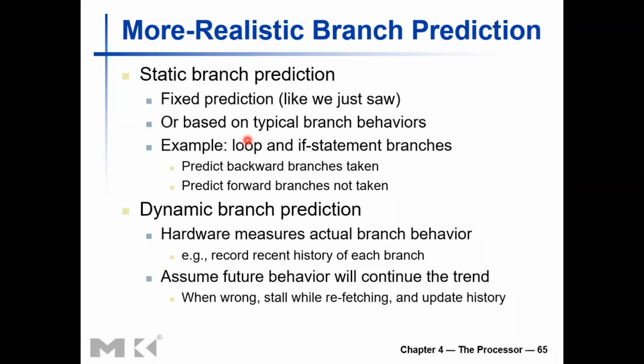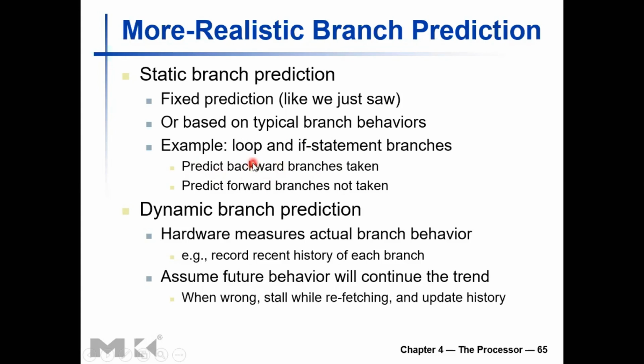Then in if conditions, depending on the way you write the if condition, whether the true case or false case is written first, you can say that we can predict forward branches not to be taken, right? So, okay, you can analyze programs and come up with common behaviors like that. In loops, you can find backward branches and you can assume that those backward branches are taken more often than not.